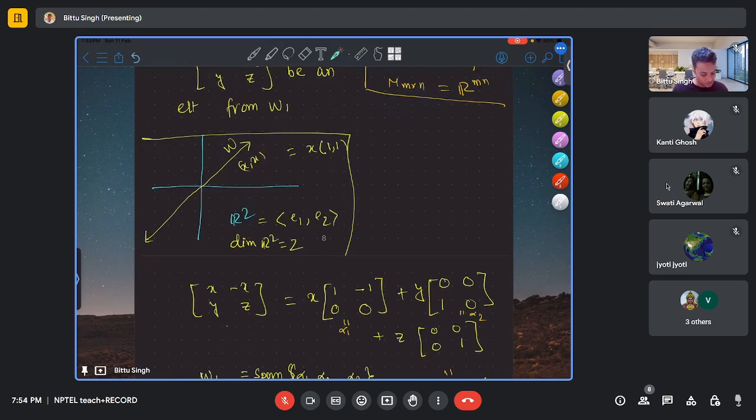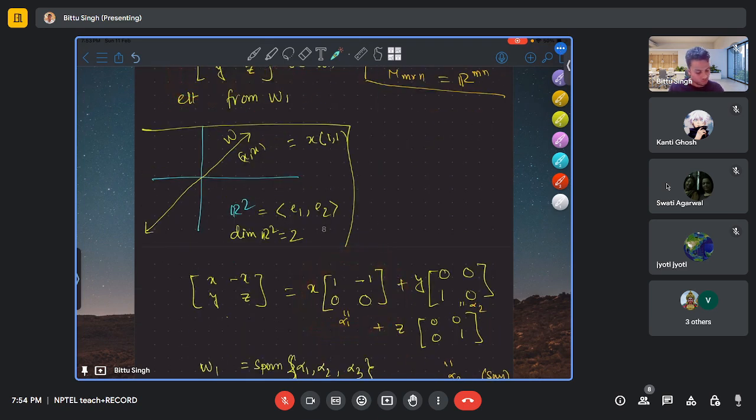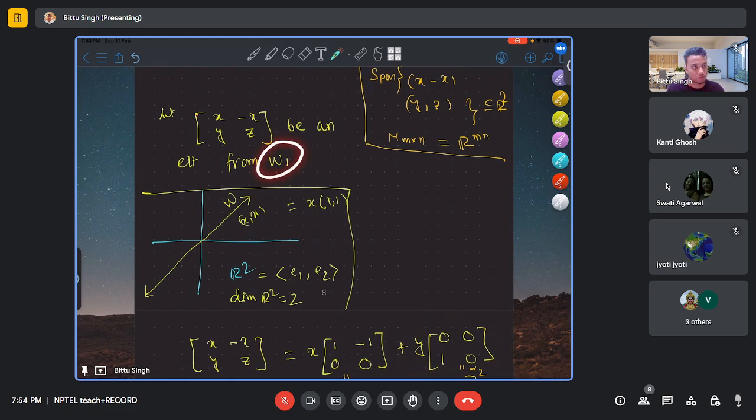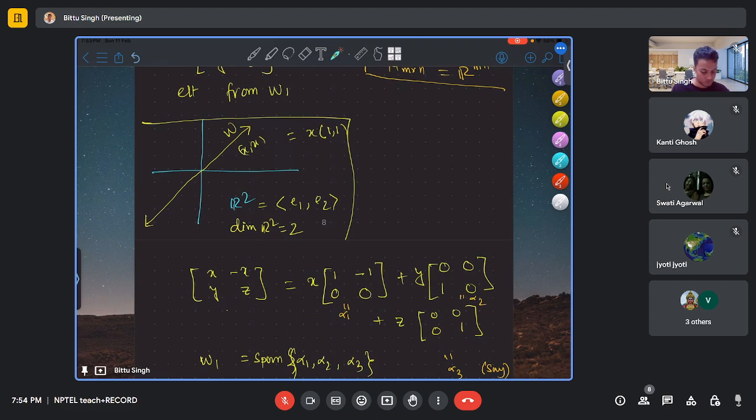And you can see that alpha 1 belongs to W1, because of the form of this vector, 1 minus 1 0 0, that is, the second entry is the negative of the first entry. Similarly, the others also belong to W1, because the second and third entries you can choose anything, but the rule is that the second entry must be the negative of the first entry. Here it is true, and here it is also true. So all those three elements belong to W1.